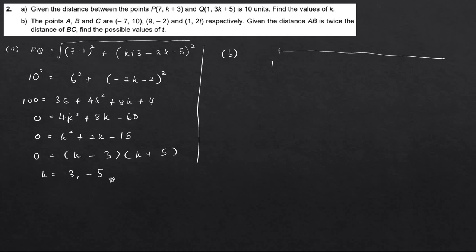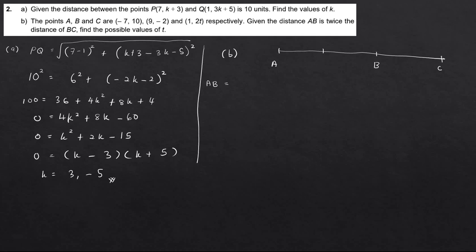So this is point A, point B, and point C. So distance from A to B is twice the distance from B to C. Let's calculate the distance from A to B first.